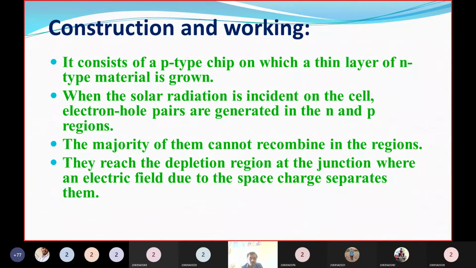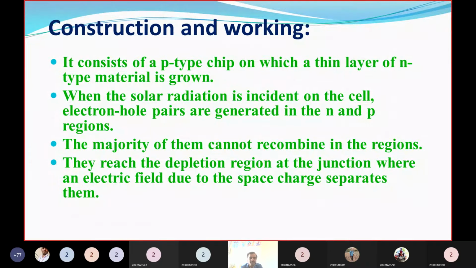Now, when solar radiation is incident on the cell, electron hole pairs are generated in the P and N regions. When light is incident on the solar cell, electron hole pairs will be generated in the P region as well as the N region. That means covalent bonds will break in the P region as well as in the N region, so in both regions electron hole pairs will be generated.